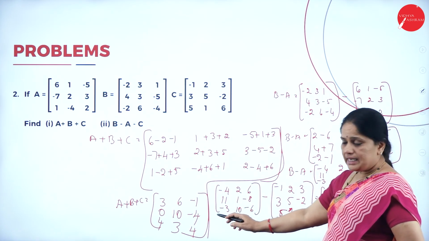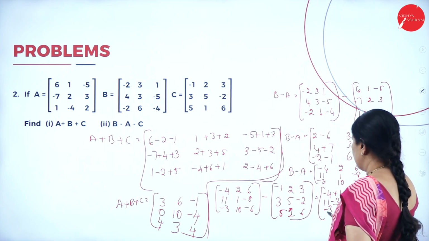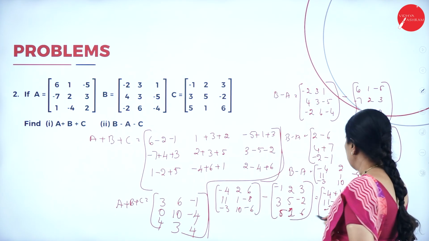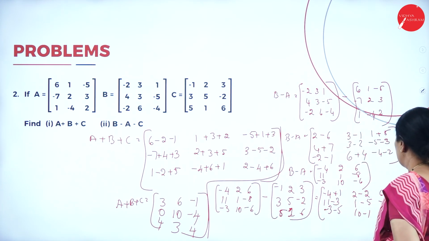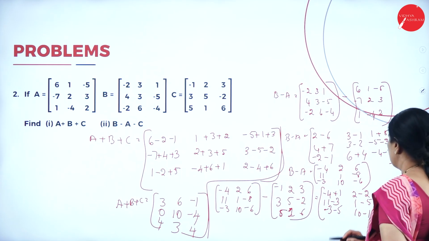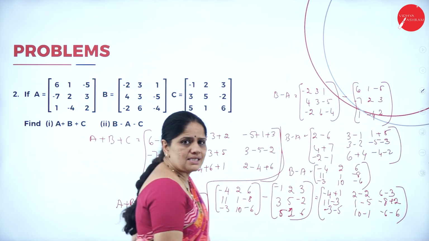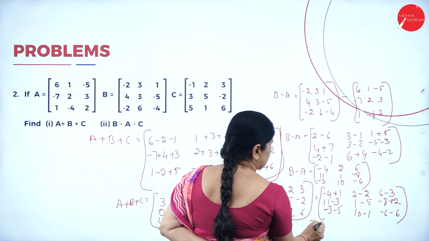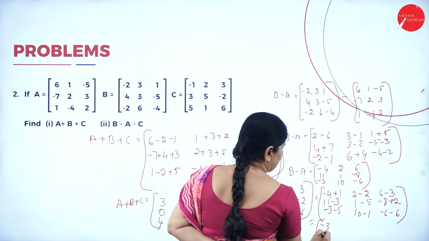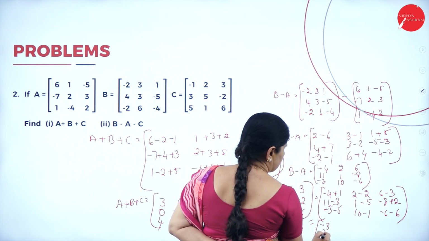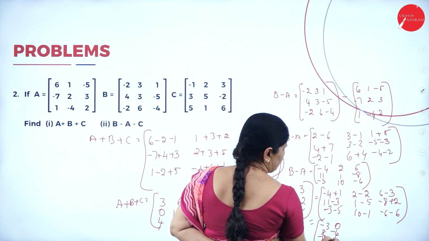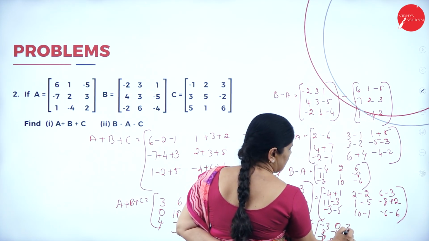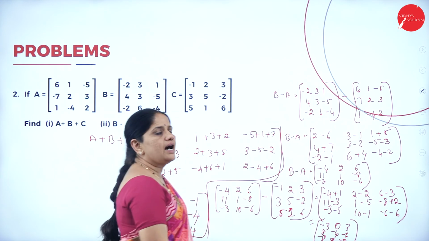Next will be minus 3 minus 5, 10 minus 1, minus 6 minus 6. So when we simplify this, I get the answer as minus 3, 8, minus 8, 0, minus 4, 9, then 3, minus 6, minus 12. So this is the answer.